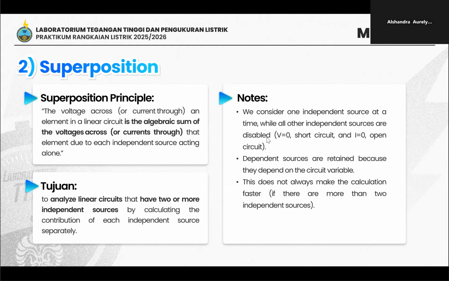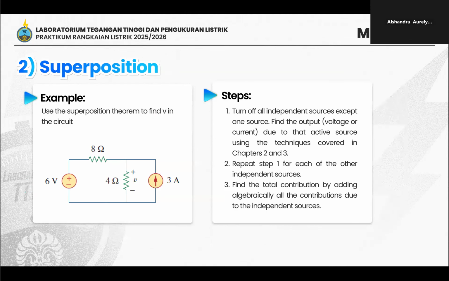So when we have a voltage source and a current source, and we want to analyze the voltage or current from one of them, we need to disable the other source that we aren't considering. Dependent sources are retained because they depend on the circuit variable, so we don't deactivate the dependent sources.